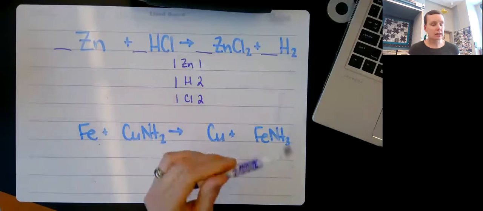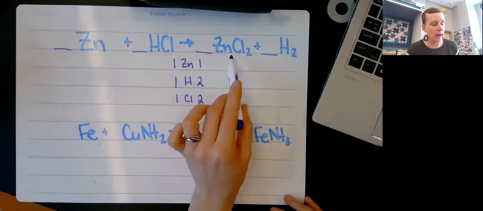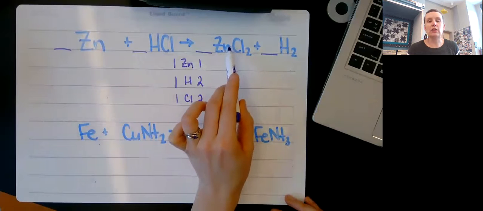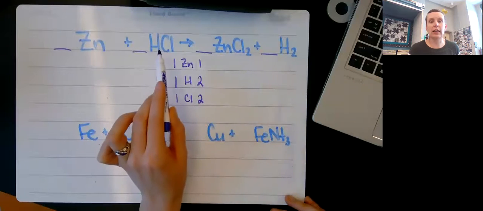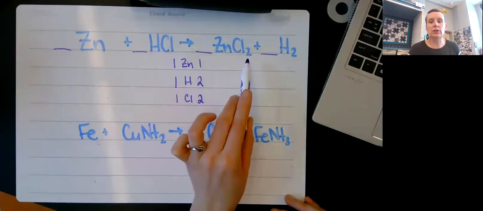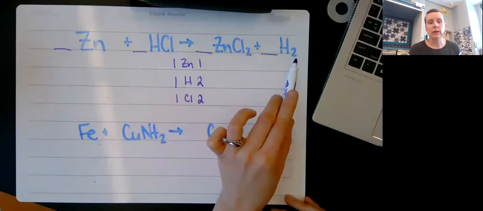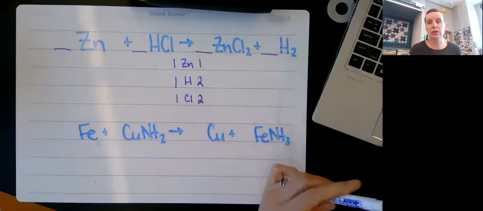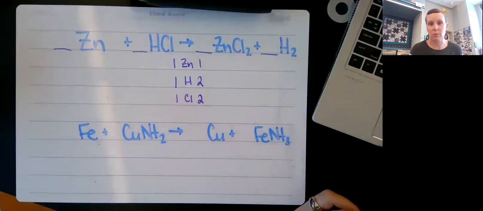I can't add a little number right here for the zinc. I can't put a number in here just to apply to the chlorine. Same thing here. I can't put a number between hydrogen and chlorine. I can't change these 2s to 1s. Can't do that because these substances have these chemical formulas. I cannot change those or I don't have those substances anymore. I'm making stuff up, okay? The only thing I'm allowed to do is multiply my substances by some number.